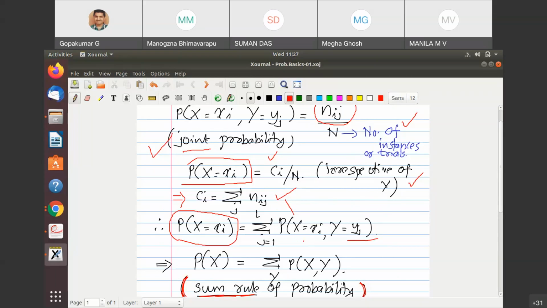So X is going to be fixed and Y will vary. That means it is going to be the summation of the joint probabilities, summed up for individual rows in this particular case. So that is the way we can represent the probability of X = x_i.